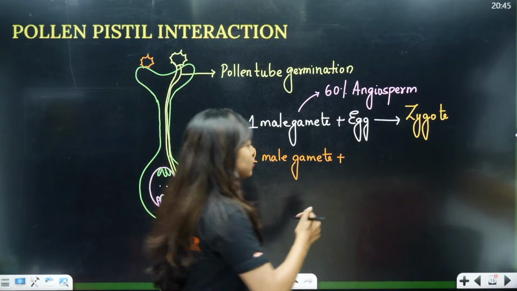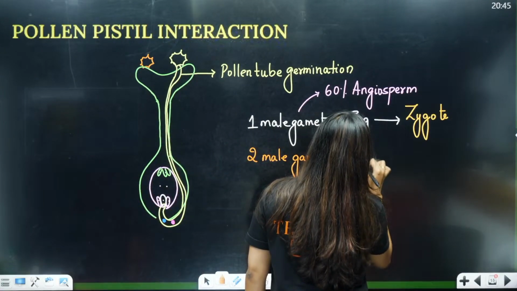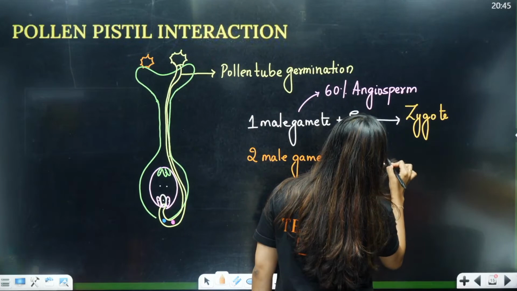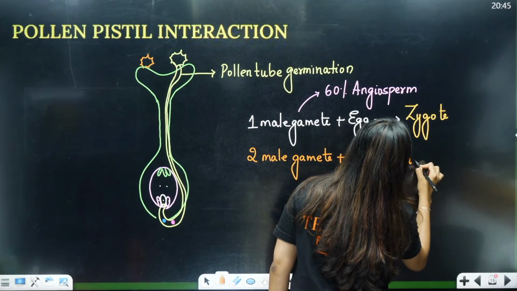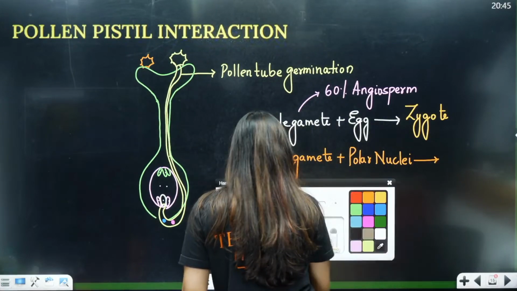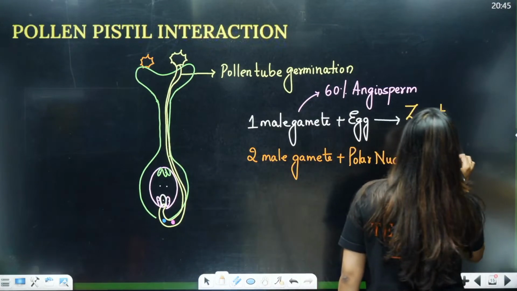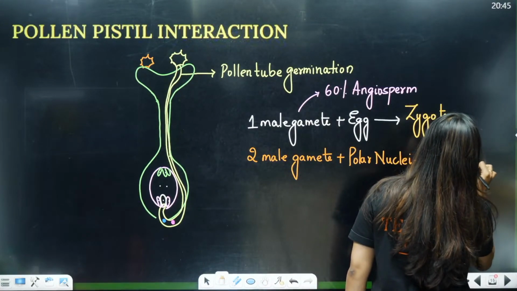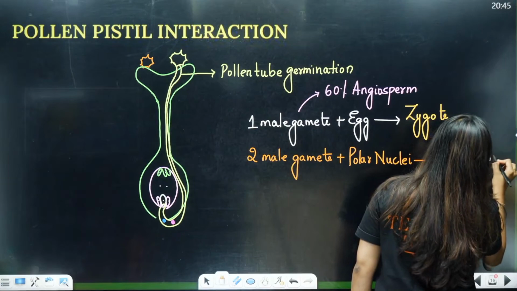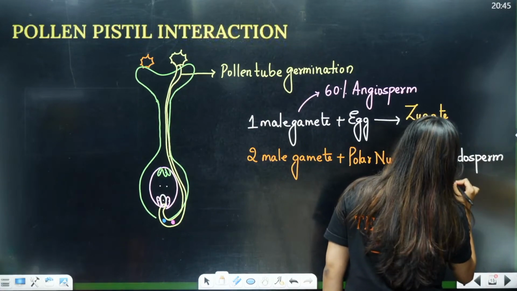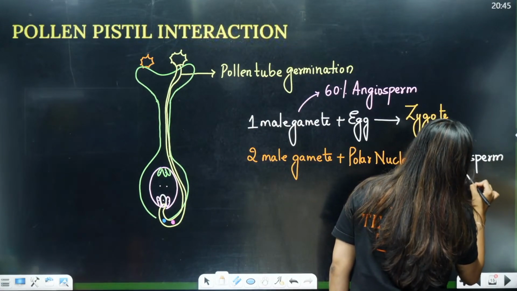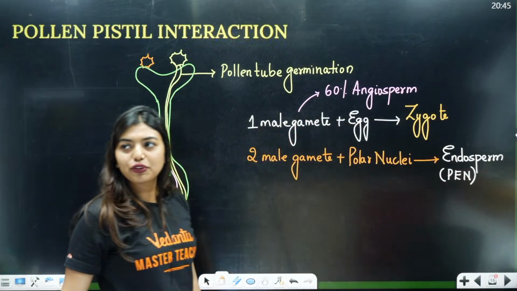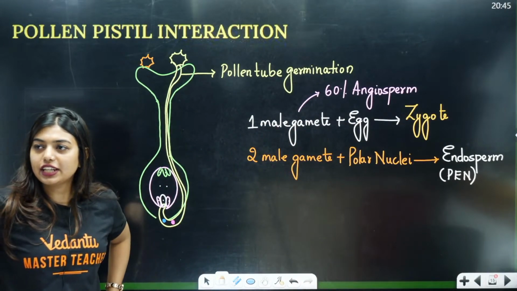The polar nuclei. It is going to fuse with the polar nuclei and form the PEN, or primary endosperm nucleus, or I can write endosperm. Or else you can write PEN, primary endosperm nucleus. Clear to all of you? Very good.